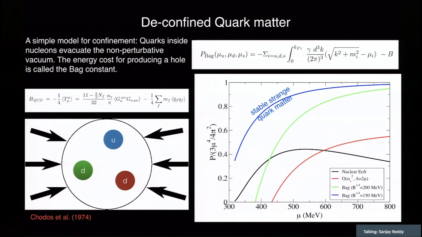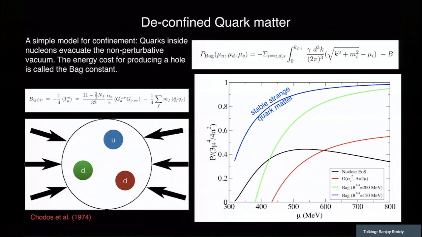So in the first line, there's an expression for the stress energy, the diagonal components of the stress energy tensor of the vacuum. This is just quark anti-quark pairs and gluons in the QCD vacuum, and you find that there is a finite contribution from the particles in the vacuum, and this finite contribution is called the bag constant.